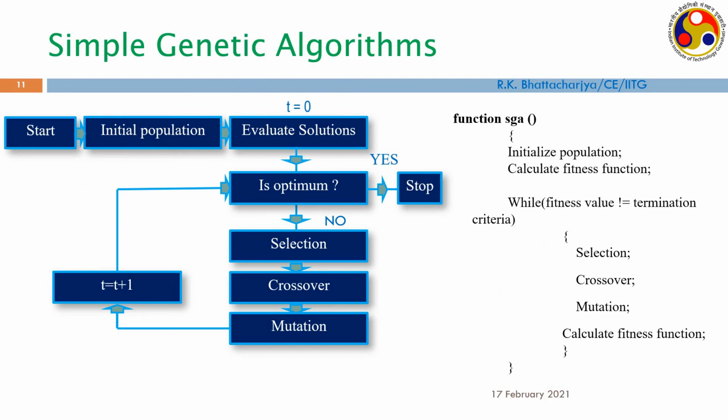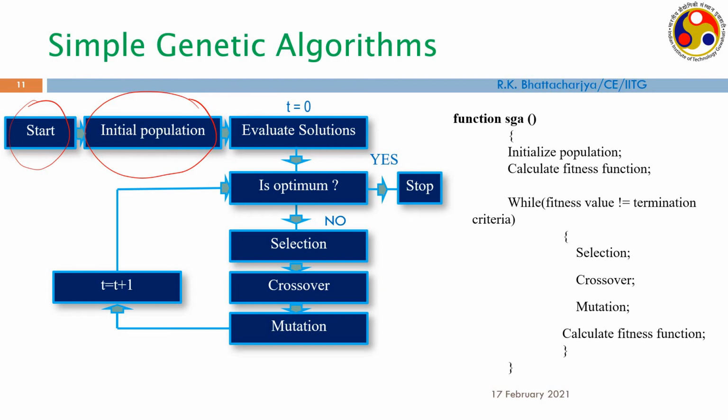Now let us see what is a simple genetic algorithm. If you look at this, I will give you the algorithm, and then I have given the function. It starts with some solutions, so we call it a population, an initial population.